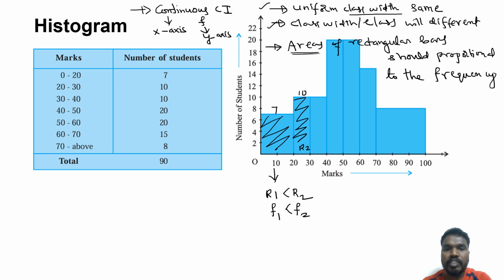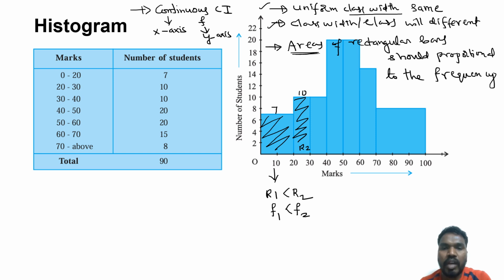If a frequency is more, it should have more area. So that is the meaning of this sentence. Obviously when you have uniform class width, there won't be any issue because the class sizes are the same, so if the frequency is more, the length will be more.